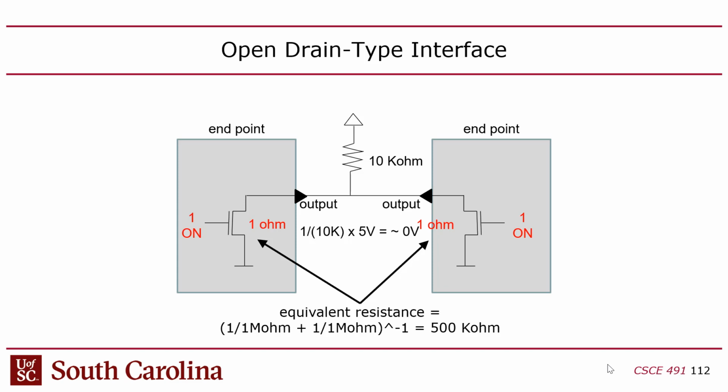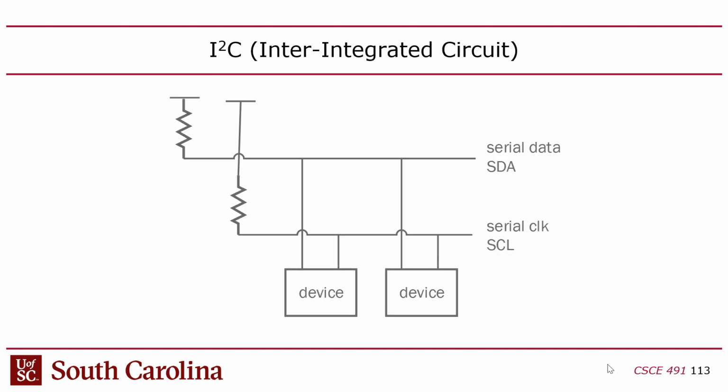So you end up with a very little bit more leakage current, but not a big deal. Okay, so generally, these pull-up resistors can be outside the chips, they could be external, or they can even be internal, depending on the case.